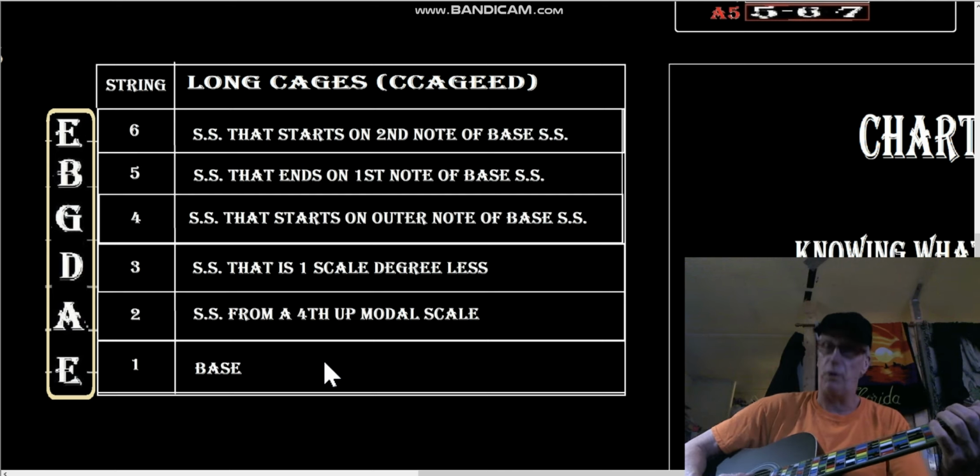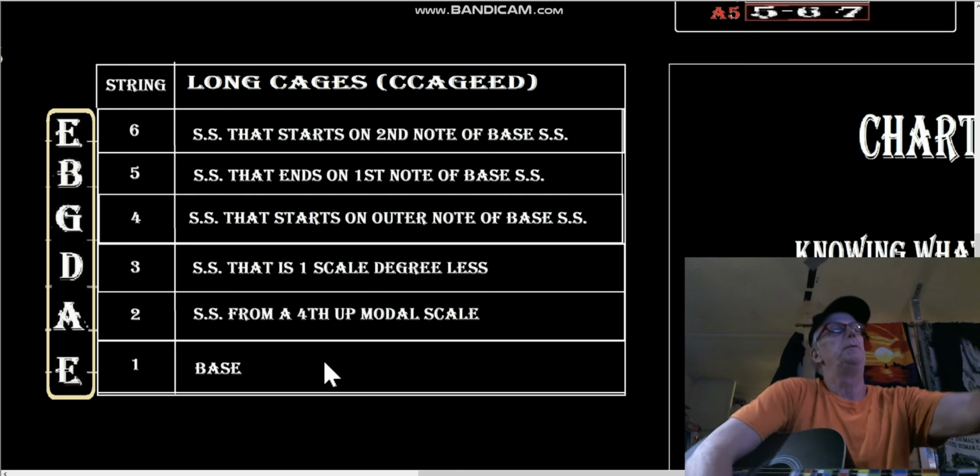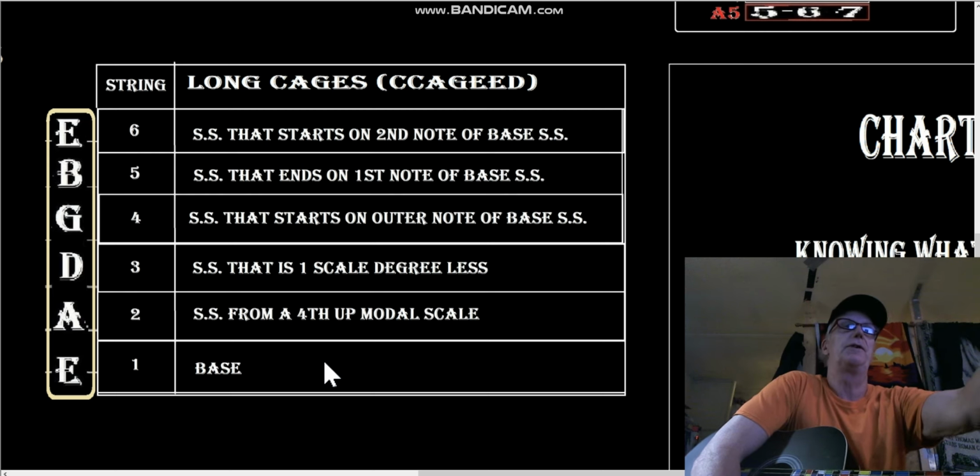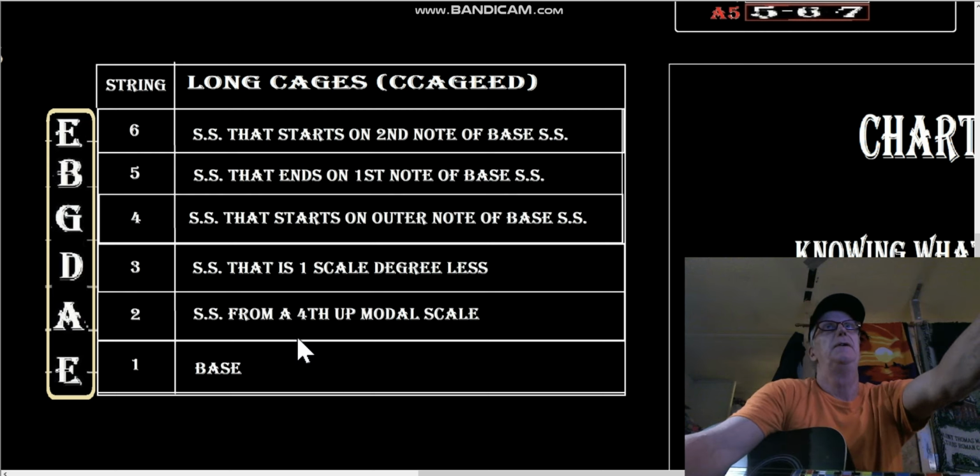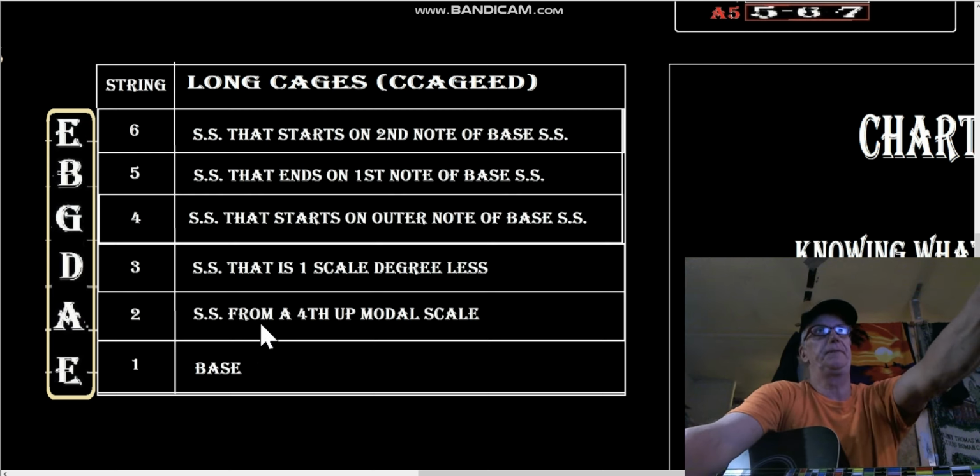It's going to be 4, 5, 6. Remember, 1, 2, 3, and then 4, 5, 6. Okay, let's say we're doing 2, 3, 4. We take 4, 5, 6, 7. So from 4 to 7 is a scalular 4th, okay? So it's a string shape from a 4th up modal scale.